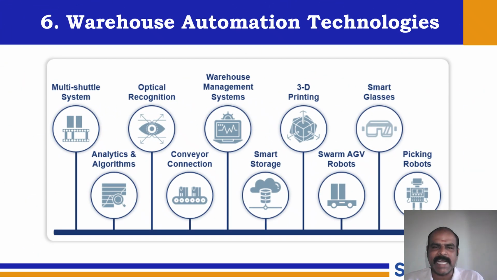Now these all are the 10 technologies under one image. So what is the thing is, we need to understand two essential things when you come to warehouse automation technologies. What all are they? Number one, physically, a product is supposed to move within the warehouse. Maybe that might be an incoming to the warehouse, or that might be an outgoing, that is to the customer, whatever may be the case.